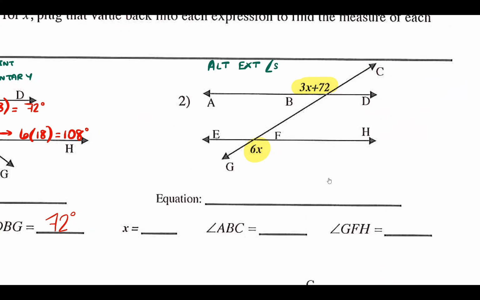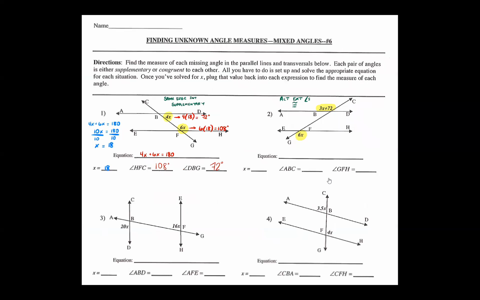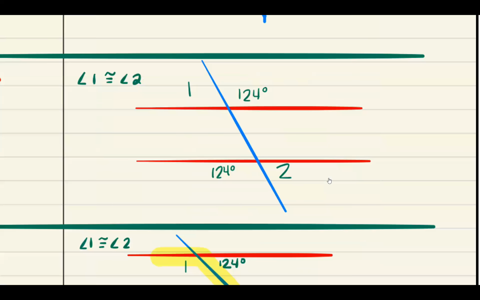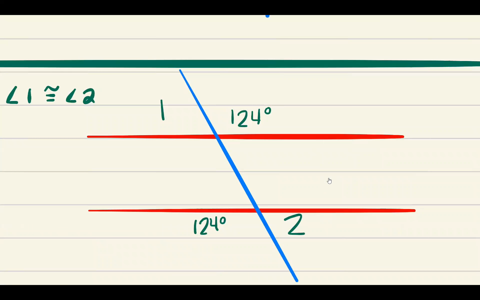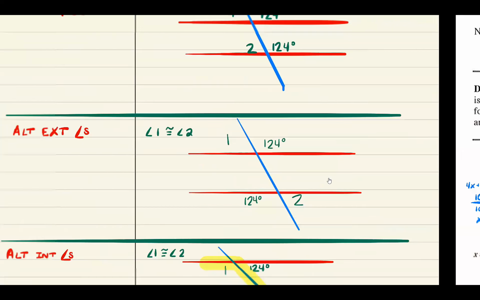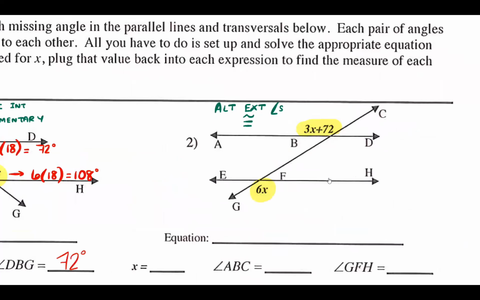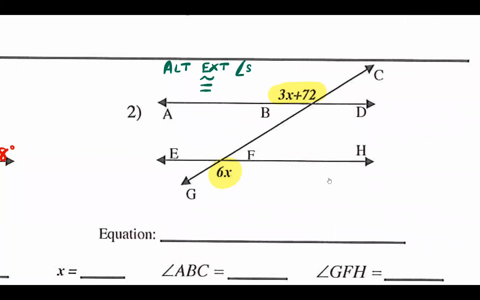Alternate exterior angles are congruent or supplementary? They are. So if we go back to our rule, alternate exterior angles are congruent. We said 1 is congruent to 2, right? That's the definition. So when I look at my problem, how would I draw out my equation?